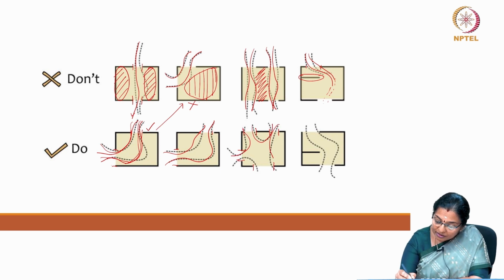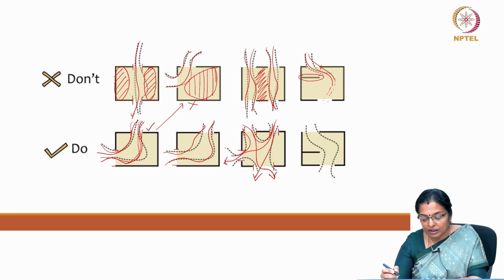again ensures very good ventilation, because breeze can flow from one place to another and ventilate the entire room. If at all the partition or the blockage cannot be avoided, ensure that it is placed not closer to the inlet window.